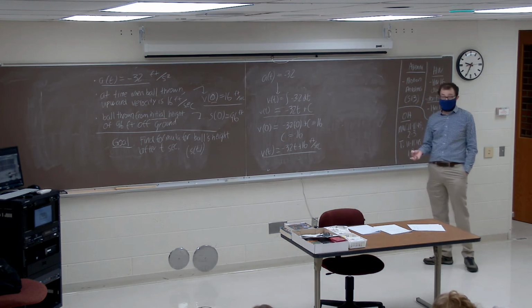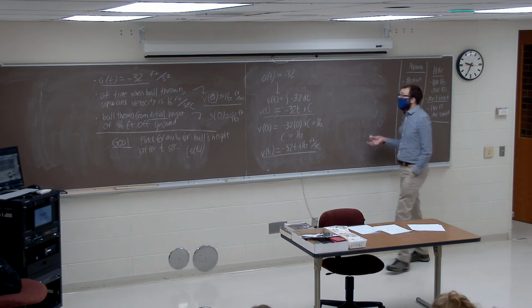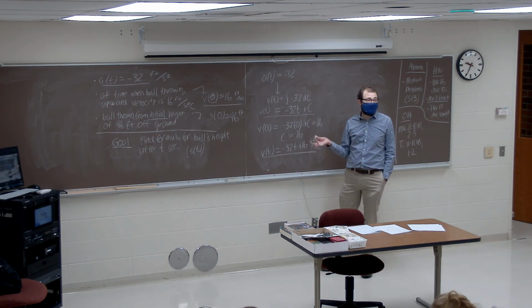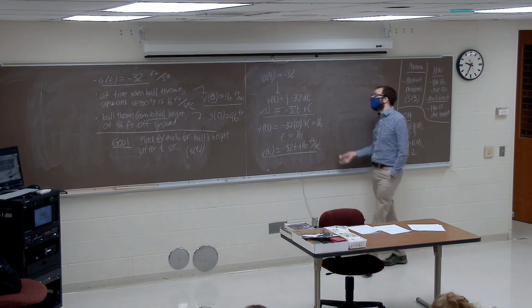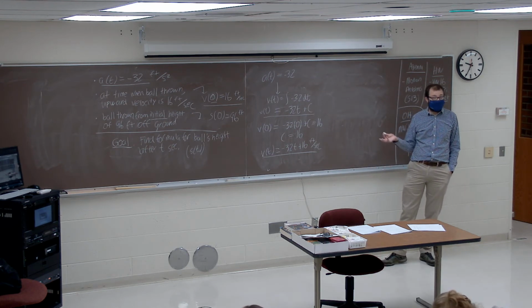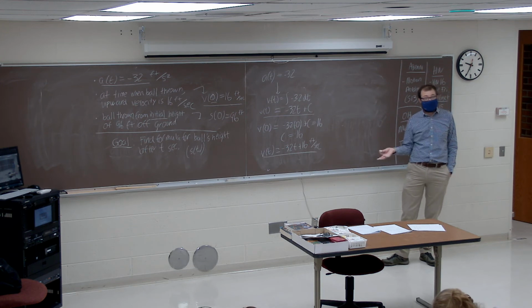Integrate v of t. I like it. For similar reasons to why integrating acceleration should give you velocity, the derivative of velocity is acceleration. If we were to integrate velocity, that should give us height, since the derivative of our height function will give us velocity.